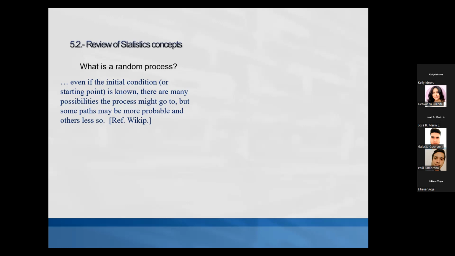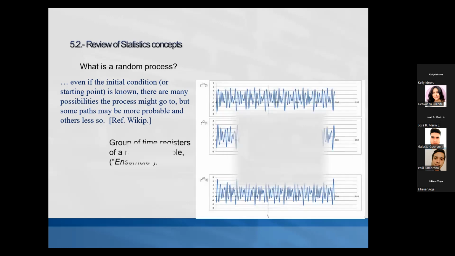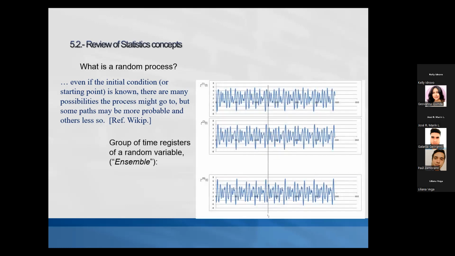That's something that we need to do every time, because in general, when we do experiments, there is no way we can avoid the randomness of some parameters that we have to include in the physics of this problem.